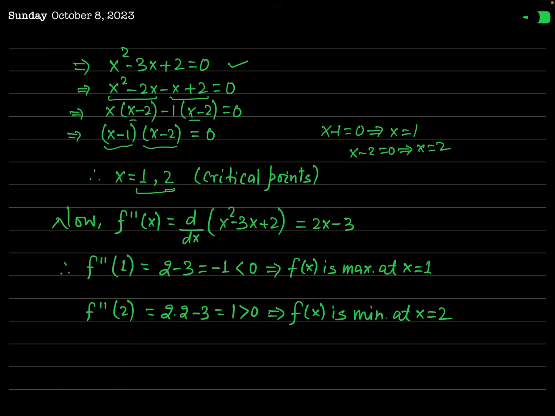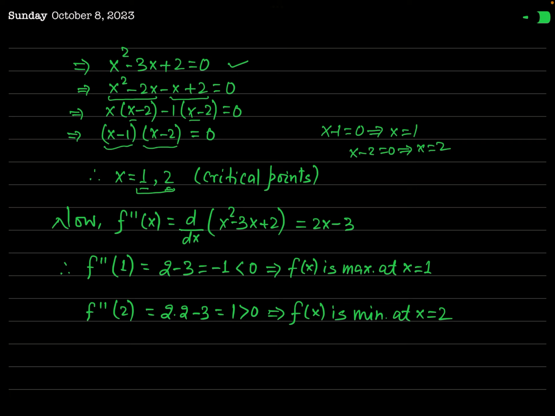And you have seen that this can be decided either by the sign scheme of f dash of x or by taking the second order derivative. Actually, here I am following the second derivative test to decide whether the function is maximum at 1 or 2, or minimum at 1 or 2.